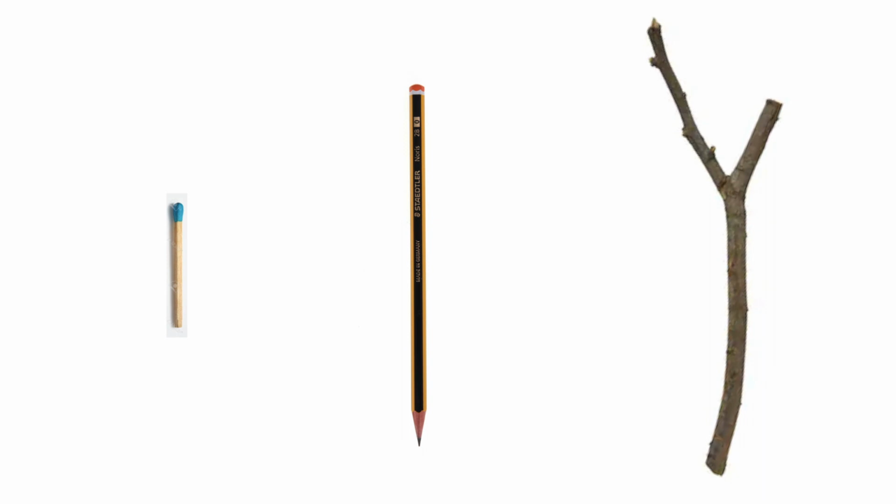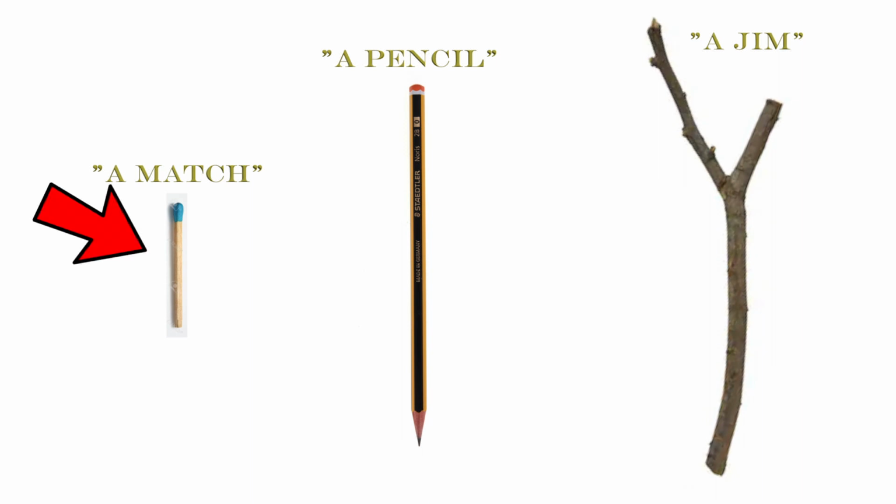But once the child has reached the stage where any stick can be Jim, because any stick can represent the set, or any pencil can be used when they are asked for a pencil, you can ask the child to attempt to identify attributes the match, the pencil, and the stick share. If the child is capable of making one of the objects a unit that represents the rest, he can, for example, grab the match and say, "This one is like the others because it looks like the others."